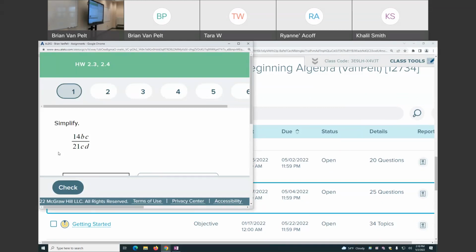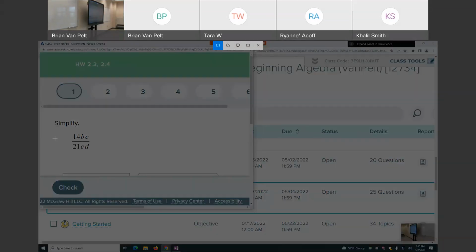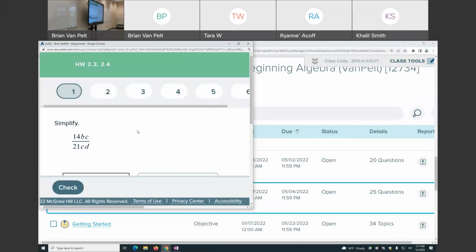It should be easy enough that you should be able to do this in your head, I would think. Anybody think they know it by looking at it? Not as easy as I thought, I guess. 2BC over 3CD. Right, and you can simplify it more.